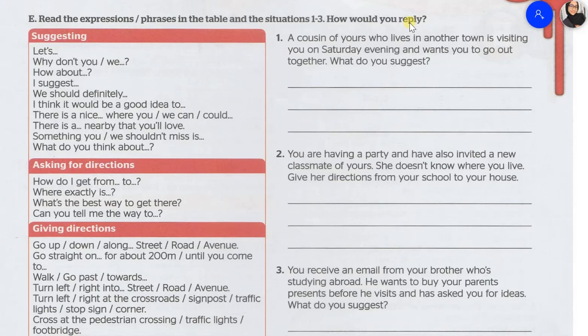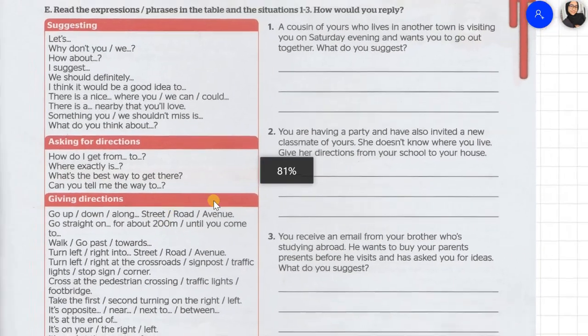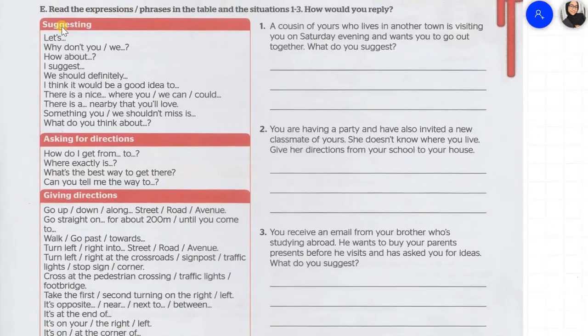Okay, so basically we have to reply to these 3 situations here by using these expressions or phrases to help us construct our reply. So this is the phrases or expression for making suggestion. These are for asking for directions, and these are for giving directions. This one asking for direction, and this one giving directions.